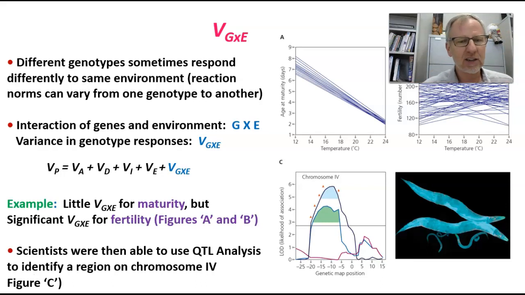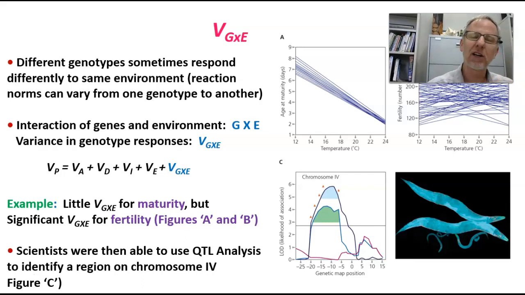And so you can see that scientists were able to do a QTL analysis and identify a region on chromosome 4 that can help explain this interaction.